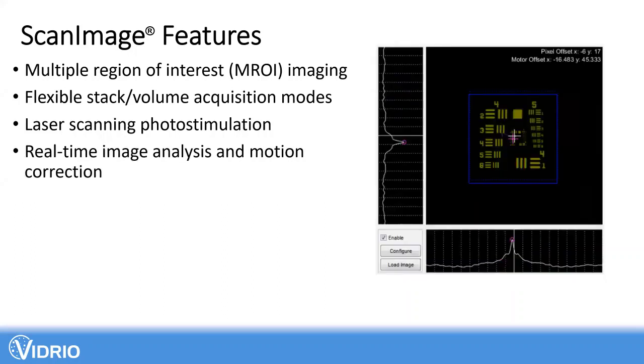You can do real-time image analysis and motion correction with the stages. It's hard to do fast motion correction, as you guys know, depending on what your imaging rate is. So there are limitations for those reasons. There's also 3D motion correction, which is mostly slow motion like drift that can be corrected for.